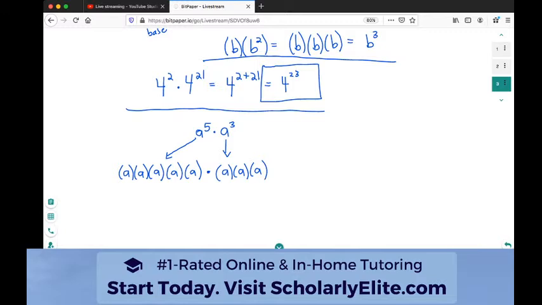And again, if I was to count these, 1, 2, 3, 4, 5, 6, 7, 8, then technically altogether, I have a to the power of 8. But again, I don't need to show this middle step because all I have to show is a to the power of 5 plus 3. It becomes one base, and then it becomes our final answer, a to the power of 8.